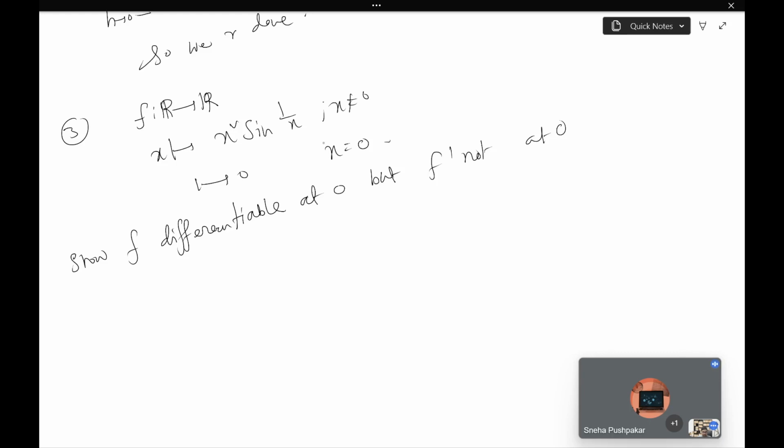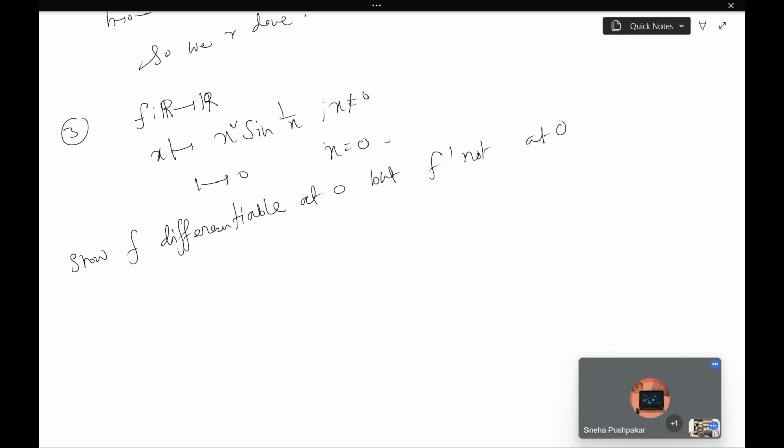Sir, I'm getting f is not differentiable at 0. Okay, if it is not differentiable at 0, how did you get this? Sir, by left hand derivative and right hand derivative, I get right hand derivative 1 and left hand derivative minus 1.